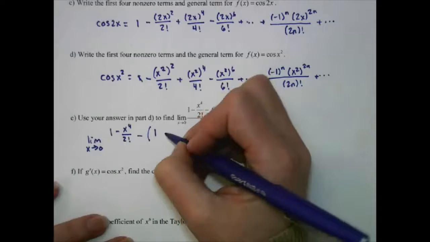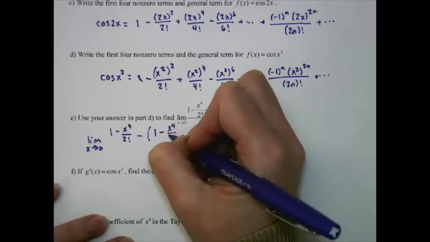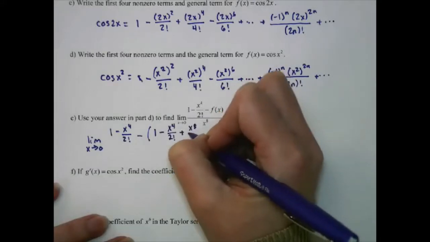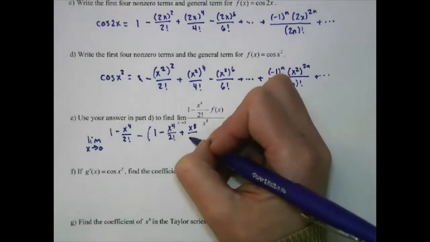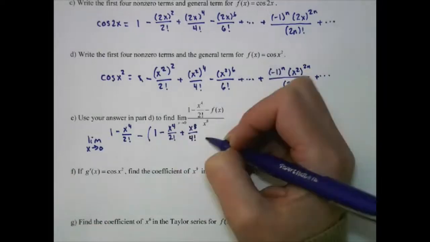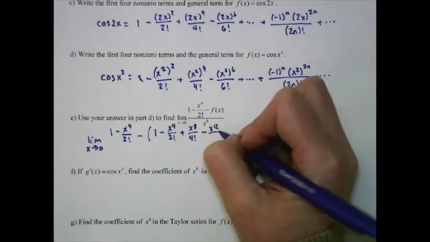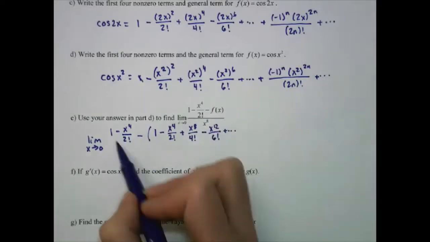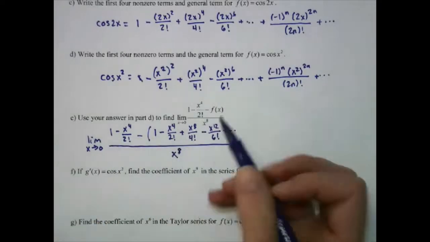So that's going to be 1 minus x to the fourth over 2 factorial plus x to the 8th over 4 factorial minus x to the 12th over 6 factorial, over x to the 8th.